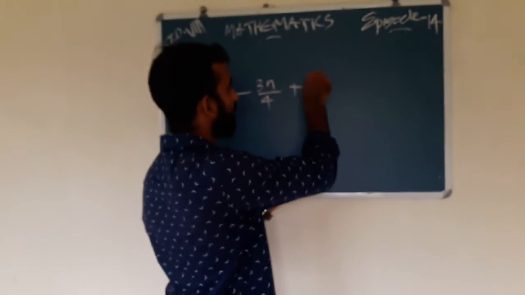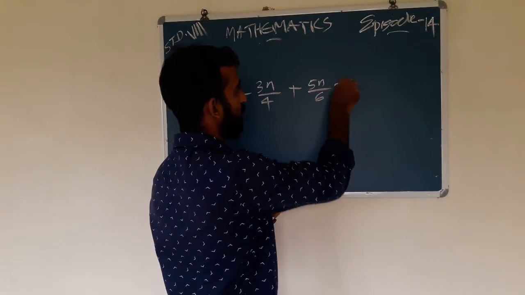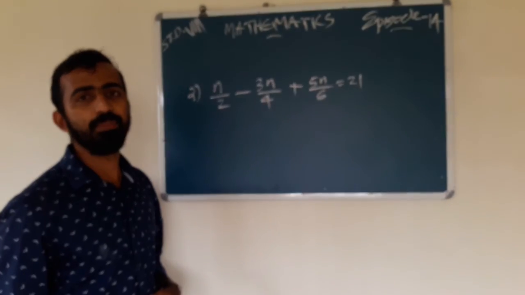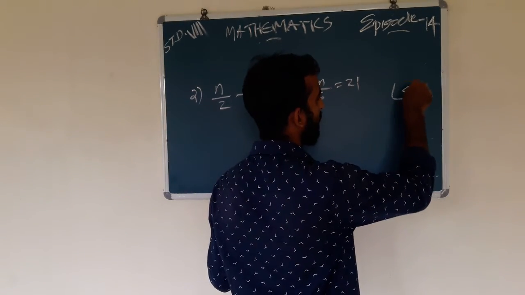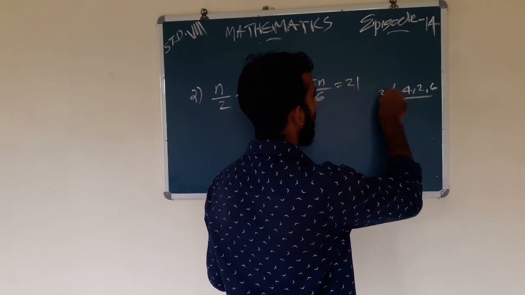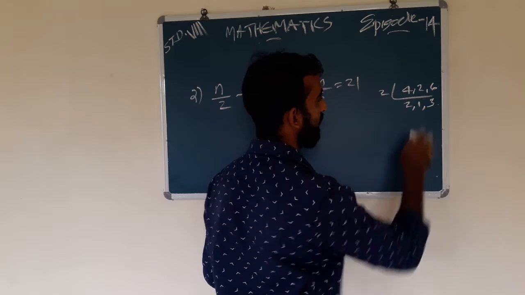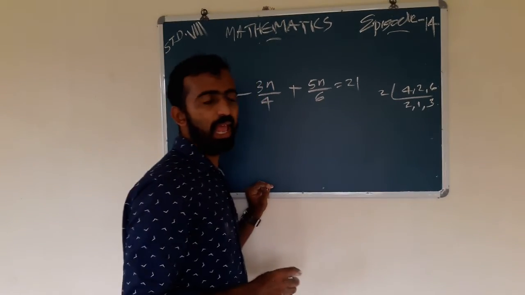What is the LCM? We can take the LCM of 4, 2, 6, that is 12.